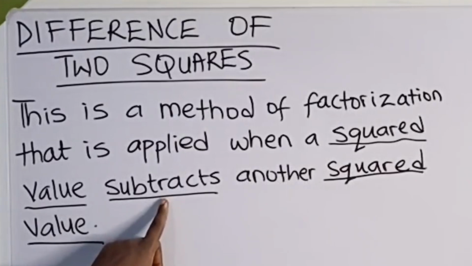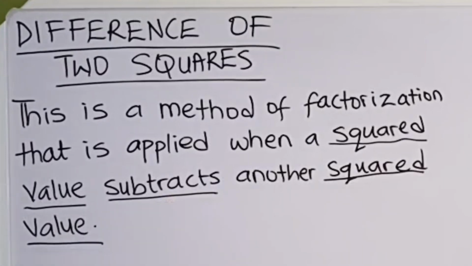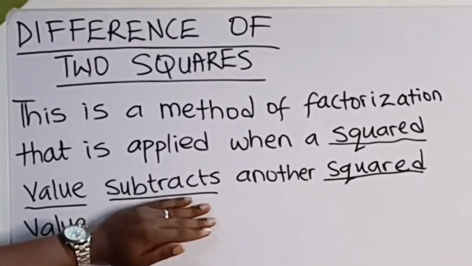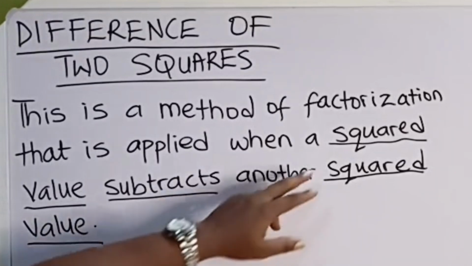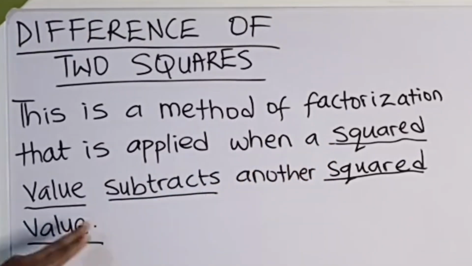So the first thing you look out for is, does this algebraic expression contain subtraction? If it does not, then forget about difference of two squares. If the question involves subtraction, the next thing you should look out for is, does the question contain a squared value subtracting another squared value?